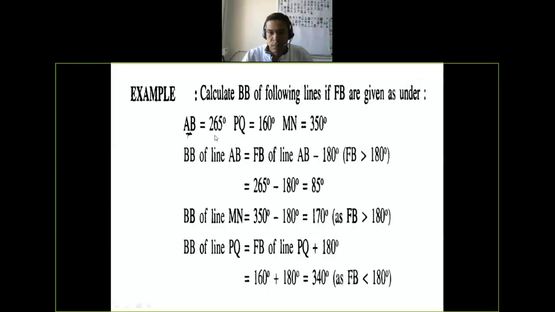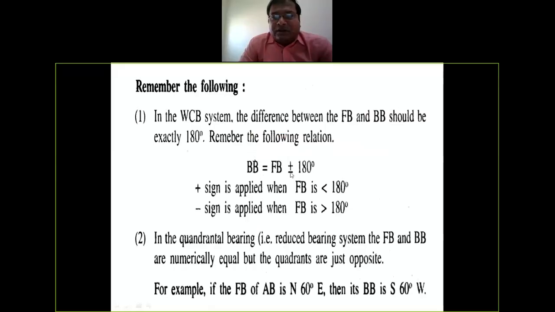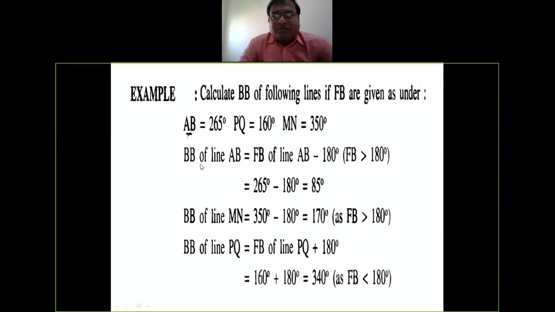You can see my forebearing value is greater than 180, and you can see our formula written here: if it is greater than 180, we have to take the minus sign. So the back bearing of line BA is equal to the forebearing of line AB, which is given as 265, minus 180 because it is greater than 180. So 265 degree minus 180 degree, you will get your answer, that is 85 degree.